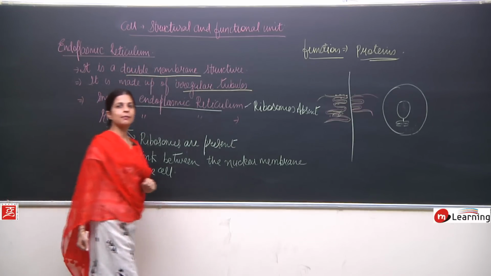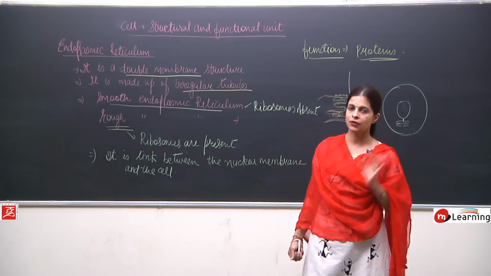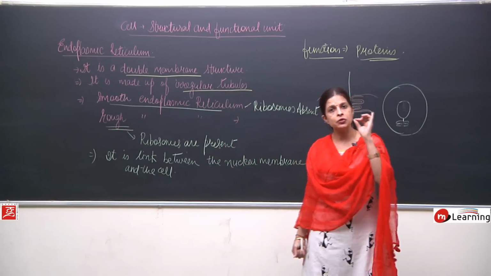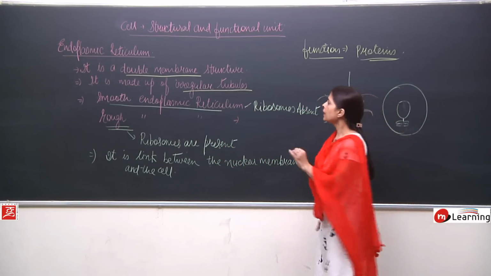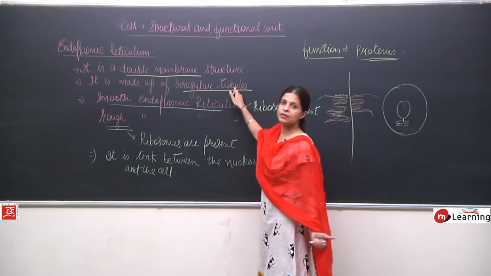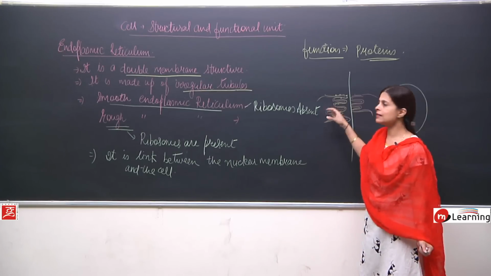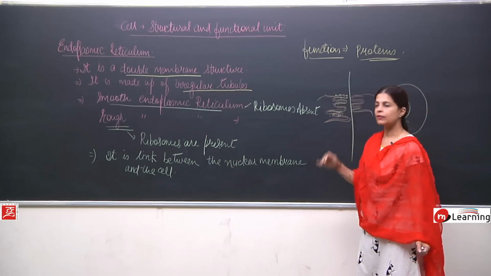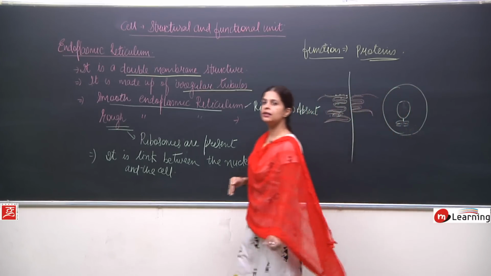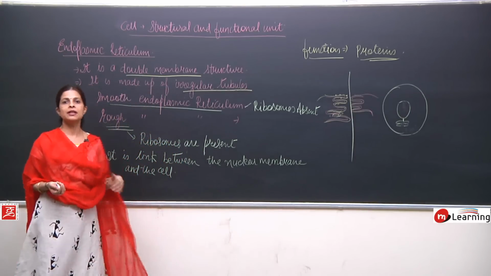We are discussing the endoplasmic reticulum. It is a double wall structure. That means two walls are present. It is made up of irregular tubules. That means the tubules are not of the same size. It is uneven. One tubule after another is present.